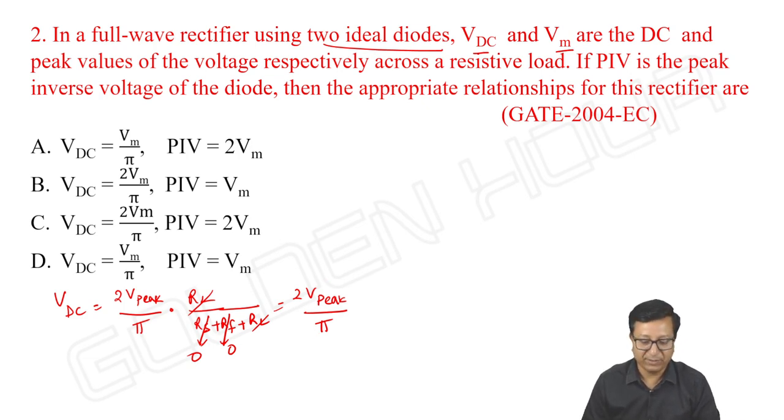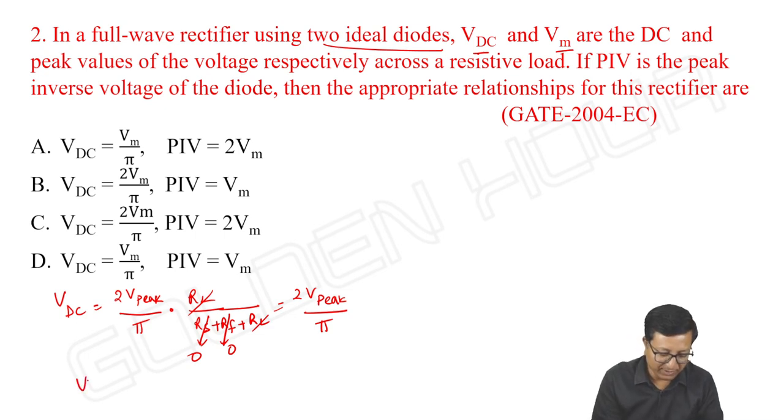But what is V peak? Keep it aside. Again, what about the output peak amplitude, whose value is given as Vm? That's why I'm writing it.